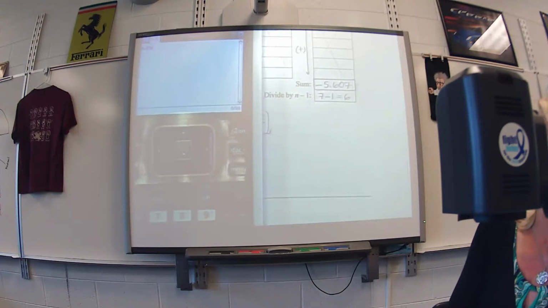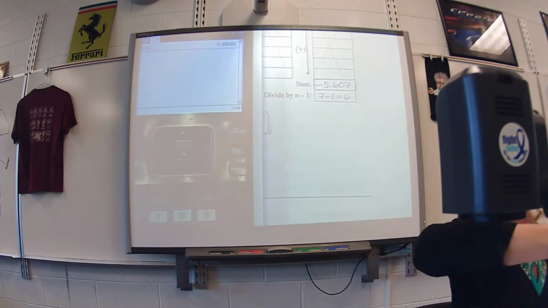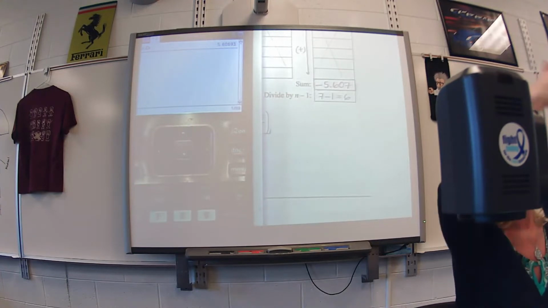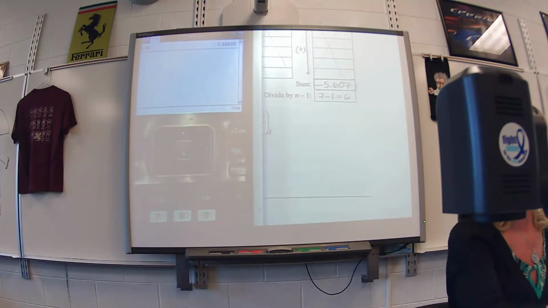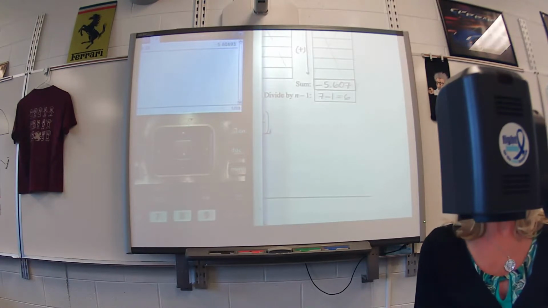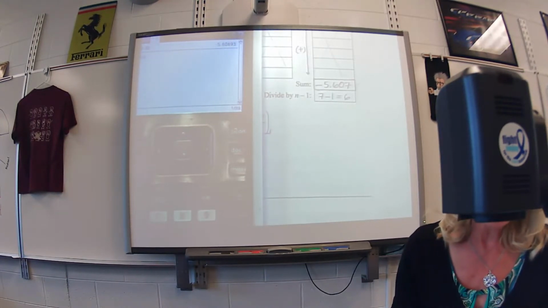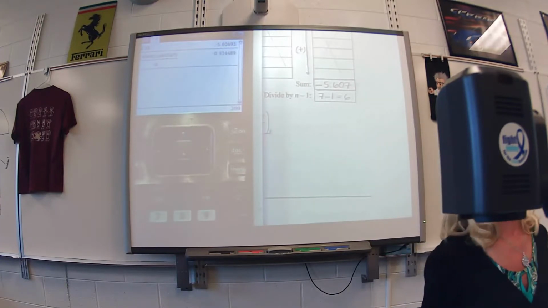Let's see what that says. Okay, that's the one. And if you've done multiple calculations on an Inspire, that list just keeps getting longer and longer. There might be multiple sigma X's, that you might have done a sigma X off of different columns. So you always want to confirm and make sure you found the right one, and then you could divide by 6 and you'll get the same answer, okay?